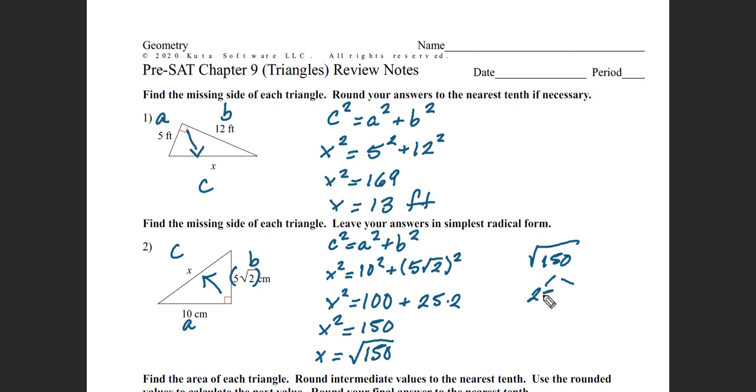So if we know our perfect squares, we know 25 is a factor of 150. And 25 times 6 is 150. So when we take the square root of 25, we get 5, and the square root of 6 is simplified. This has no perfect square factors within it. So x equals 5 root 6.